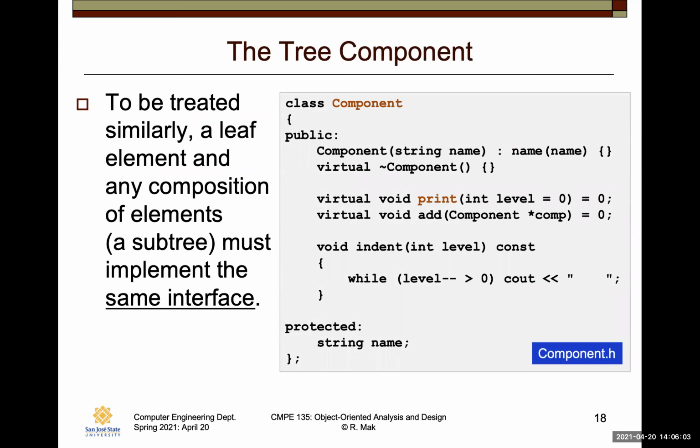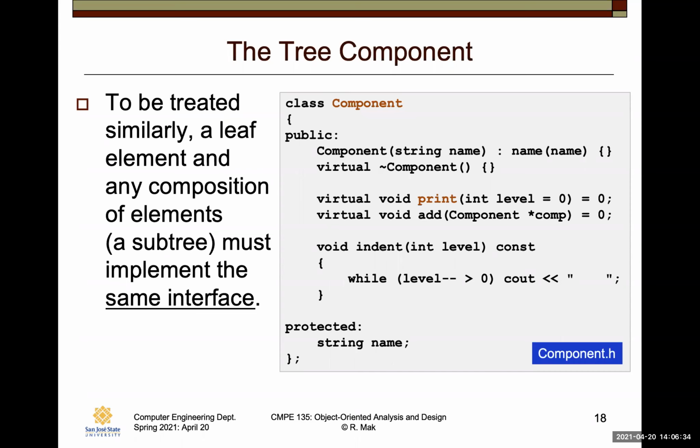All right, in order to make that happen, of course, we have to have a superclass, and we're going to call that component. A single node, or a subtree, or the entire tree, each one of them will have to implement component in order for us to treat them all the same way.